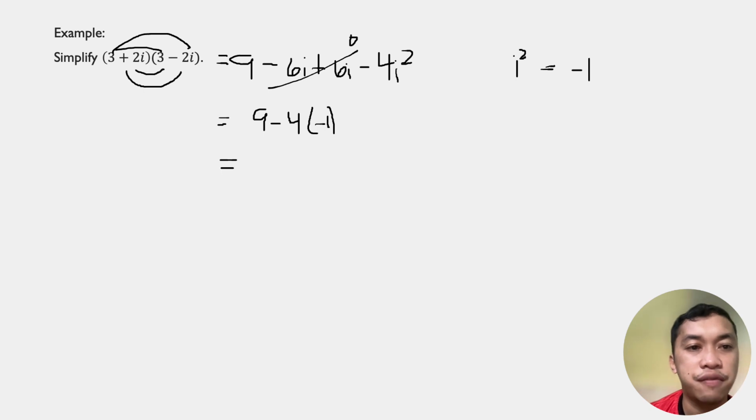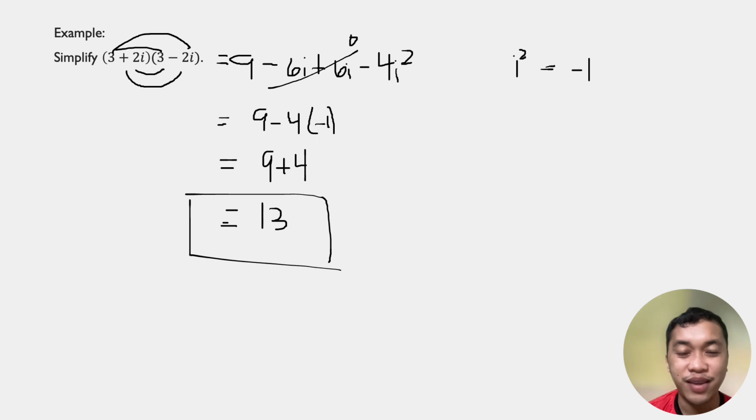Simplify. We will have 9, and then negative 4 times negative 1 is positive 4. Perform the operation: 9 plus 4 is 13. Which means that our final answer is 13. So easy, right?